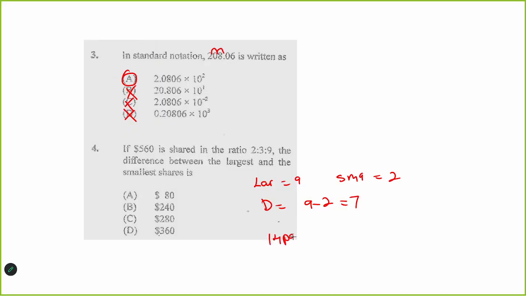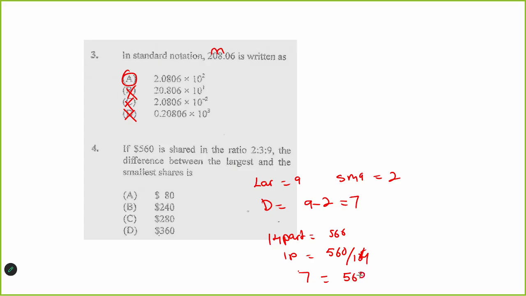So 14 parts is equal to 560. One part would be 560 divided by 14.